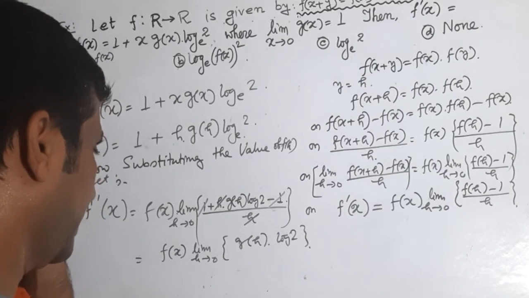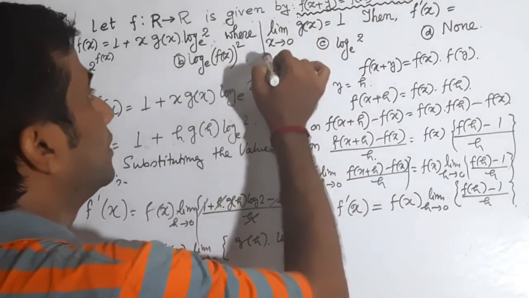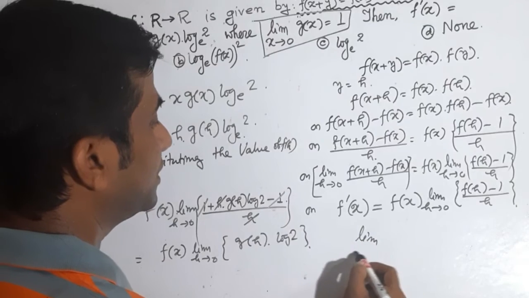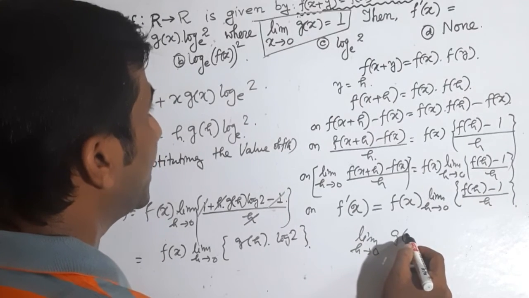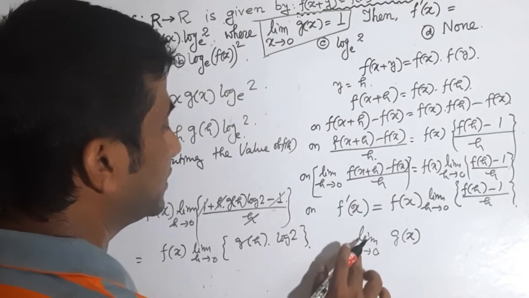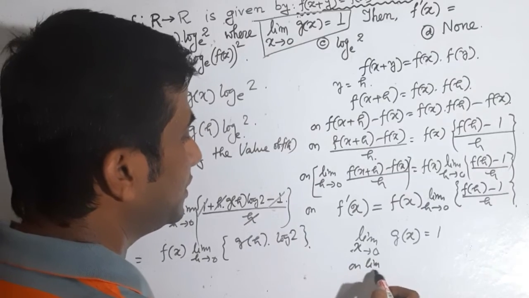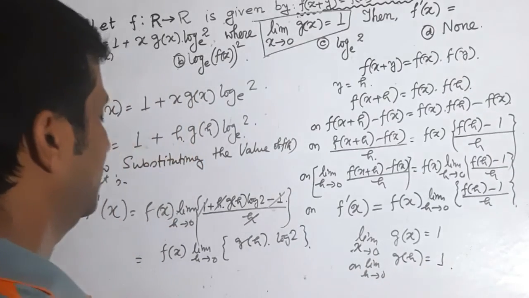Now, it is also given that limit x tends to 0 of g(x) is equal to 1, or we can write limit h tends to 0 of g(h) is equal to 1.